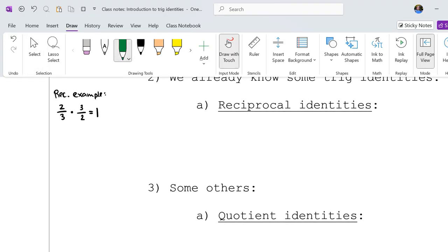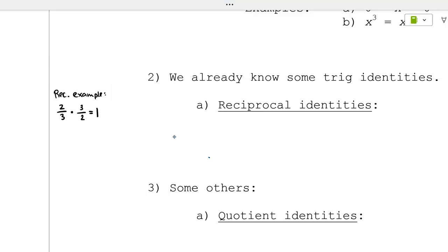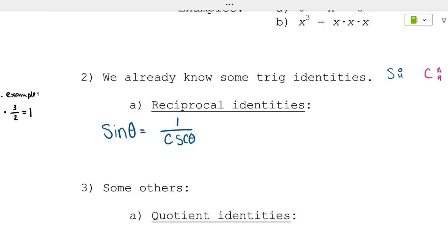So when we talk about these reciprocal identities, let's start with sine. Sine, I'll use theta, but we could use x, can be represented as 1 over another trig function. And that trig function is abbreviated CSC. And that CSC stands for cosecant. And it's the reciprocal of sine.